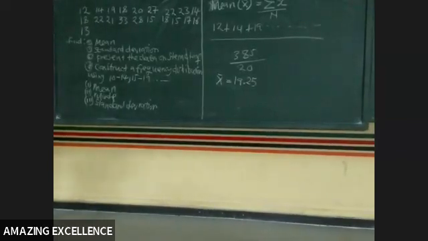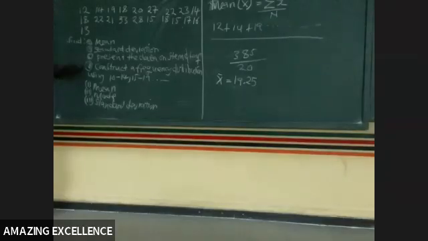Now, the second question is asking us to find the standard deviation. May I underscore that finding the standard deviation for the ungrouped data is super tedious. It's a lot of work. But the easiest way of finding the standard deviation is to group the data into a frequency distribution.